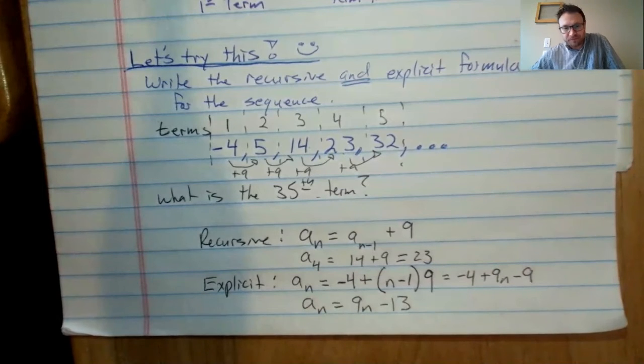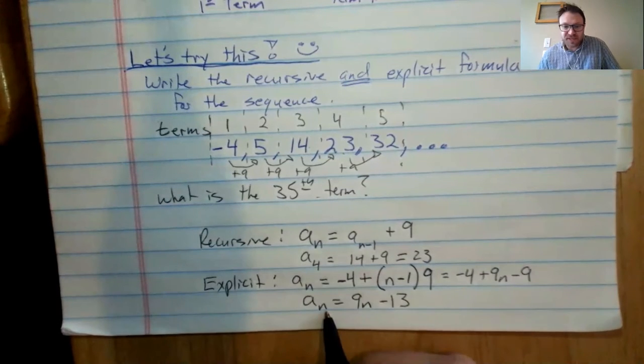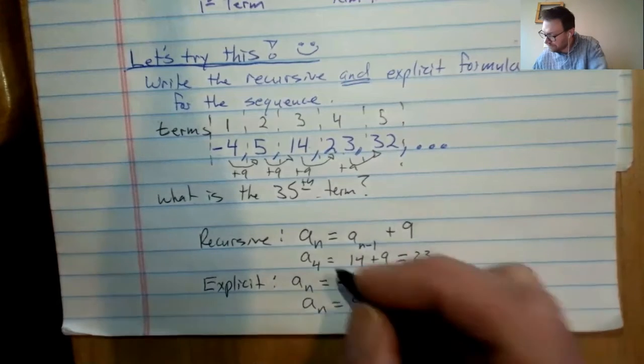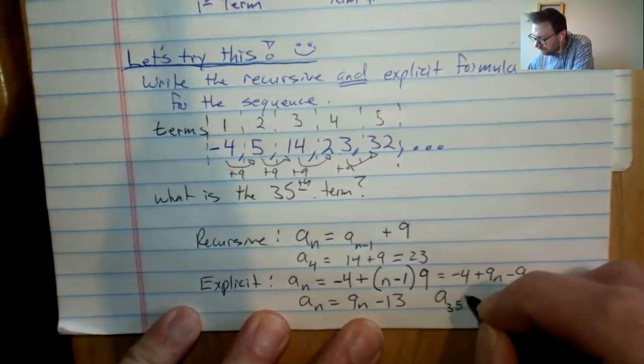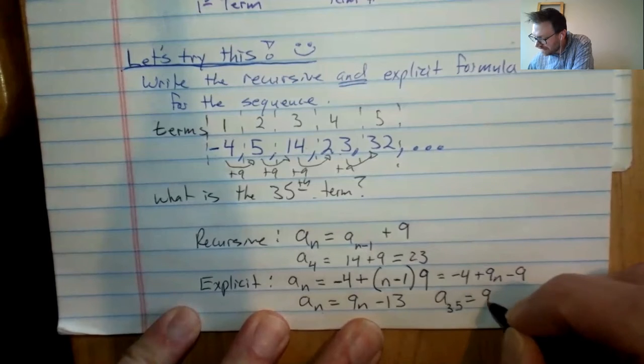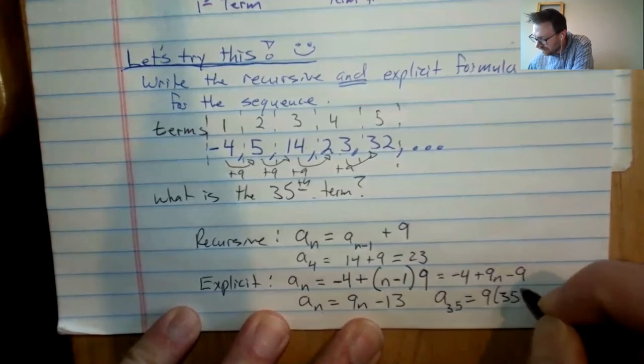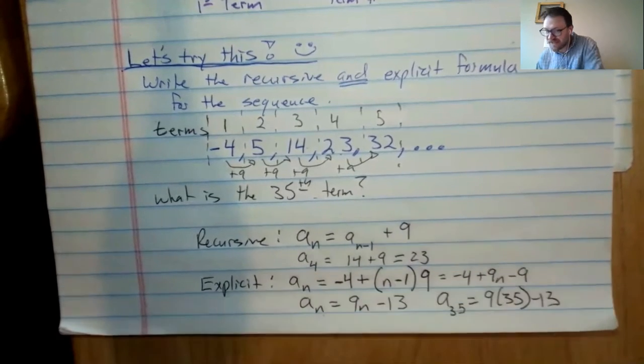Now, here's my question. Can I use this to calculate the 35th term? Well, if n represents the term number, I can now do a sub 35 equals 9 times 35 minus 13.